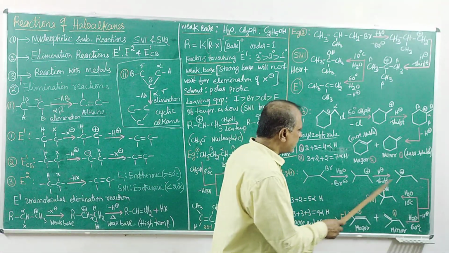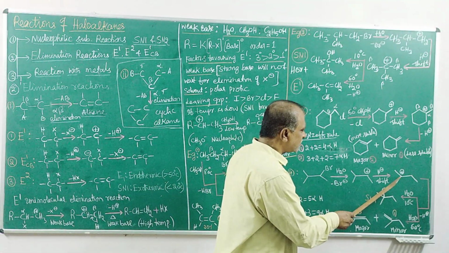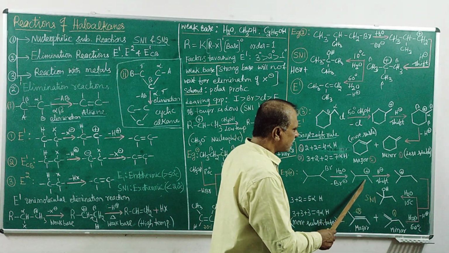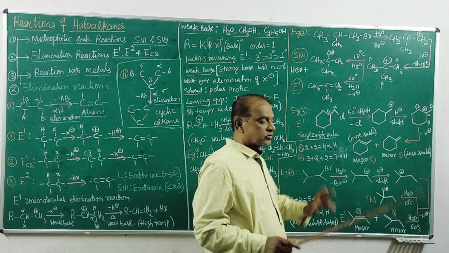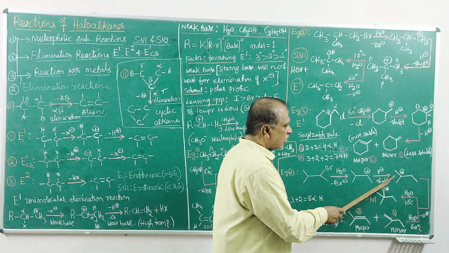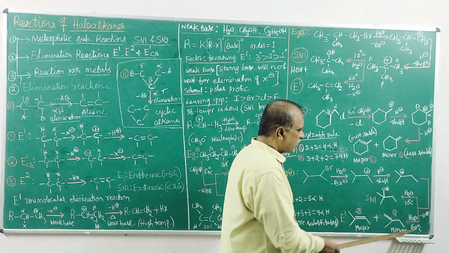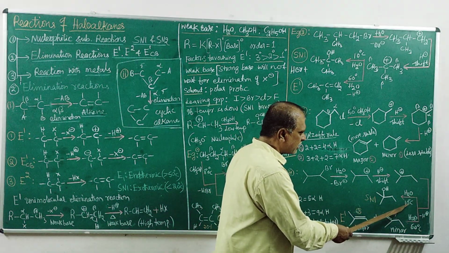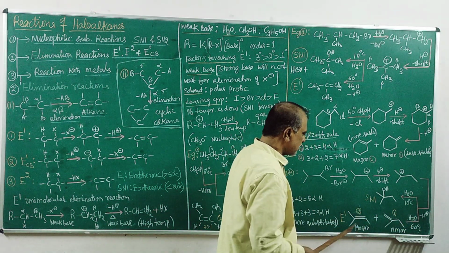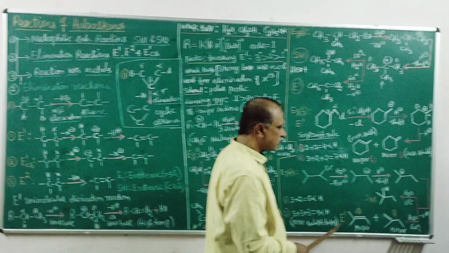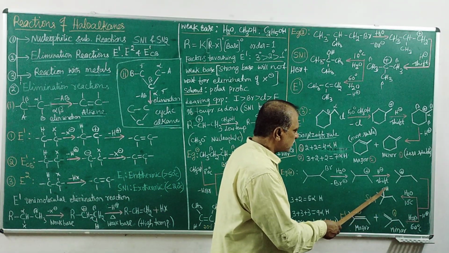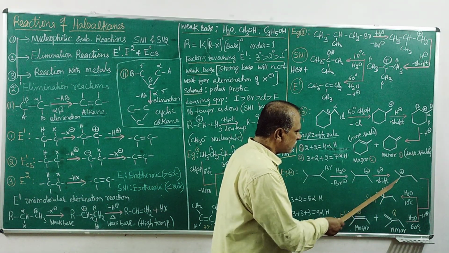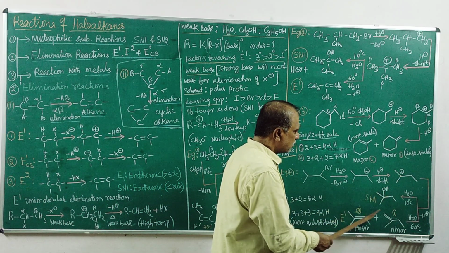Now with this rearrangement, the second step is very important. The first step is elimination, the second step is rearrangement if possible. After that, there are two types of mechanism: SN1 mechanism at 10 degrees centigrade and the E1 mechanism, elimination, at 60 degrees. So it is attack of the nucleophile hydroxyl, that is the SN1 mechanism at this carbon, forming the compound.